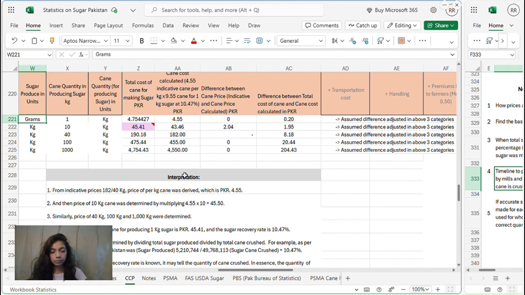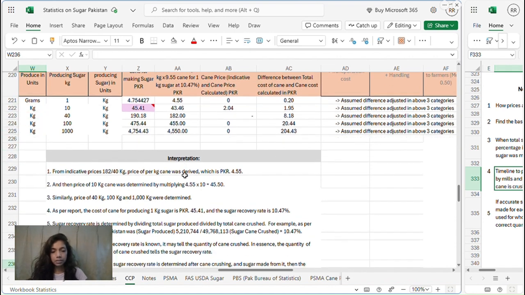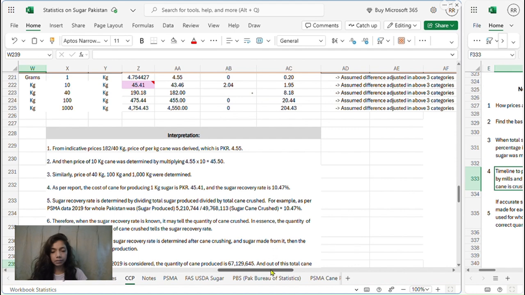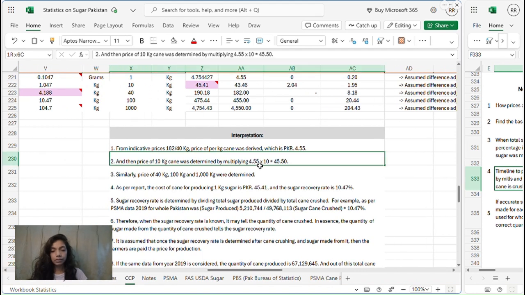Now coming to the second point, it says the price of 10 kg of cane was determined by multiplying 4.55 by 10.